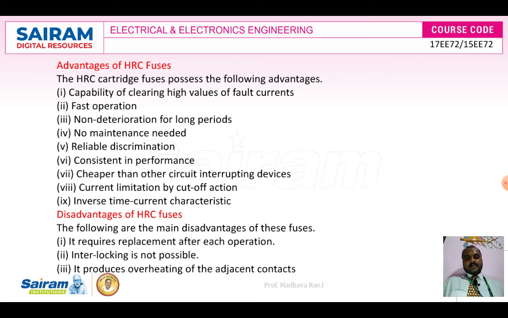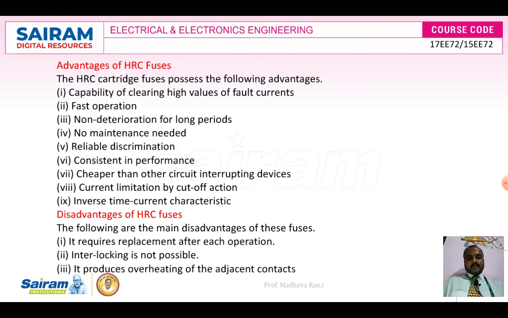Coming to the disadvantages: it requires replacement after each operation. Already we have discussed that whenever a fault occurs, we need to replace it with another HRC fuse. Interlocking is not possible.